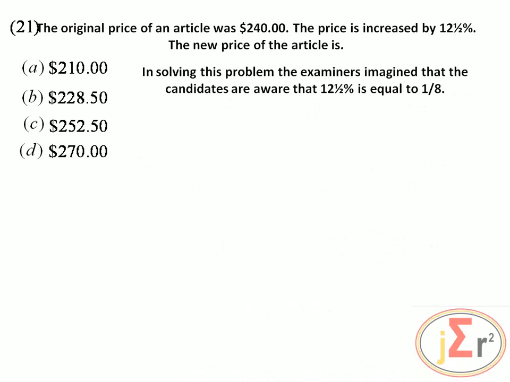In solving this problem, the examiners imagined that the candidates are aware that 12.5% is equal to 1/8. Therefore, if we are increasing by 12.5%, we are increasing $240 by 1/8. In so doing, we are going to add 1/8 of $240 to $240.